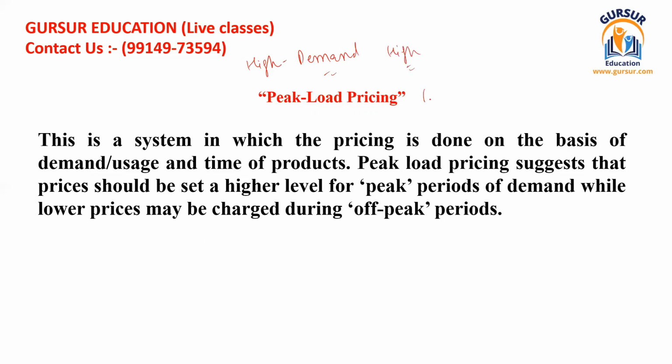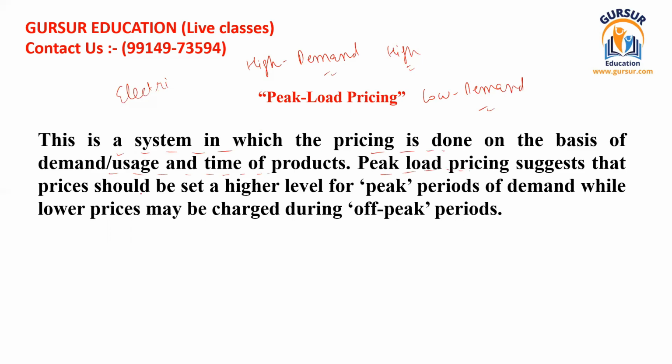But when there is a low demand period for products, then lower prices are charged for the same product. So you can take the example of electricity. This is a system in which the pricing is done on the basis of demand, usage, and time of products.